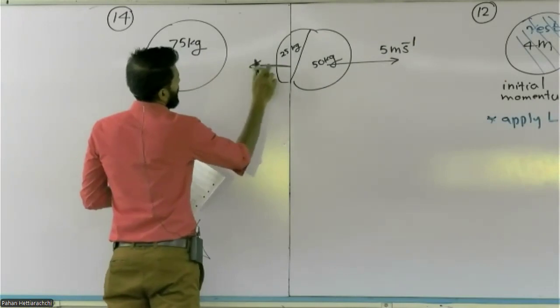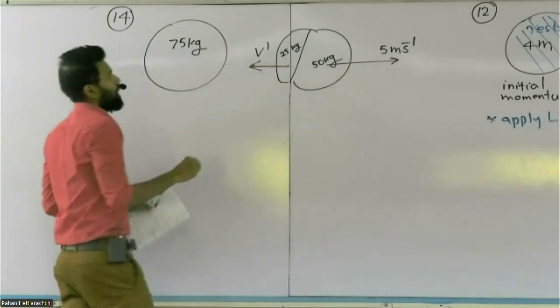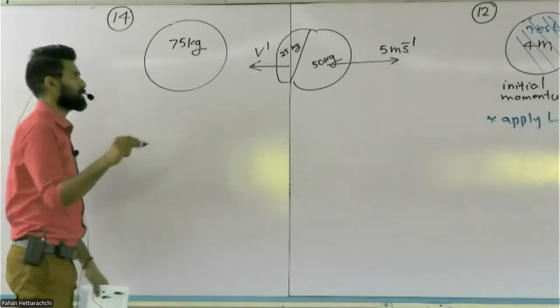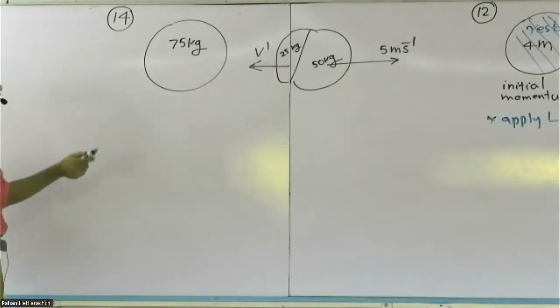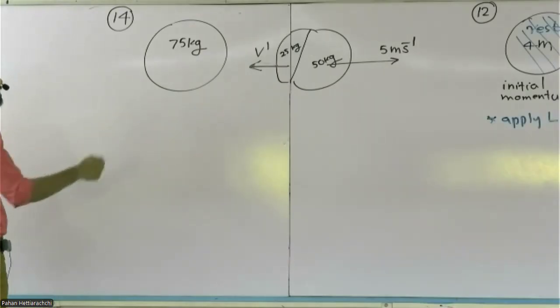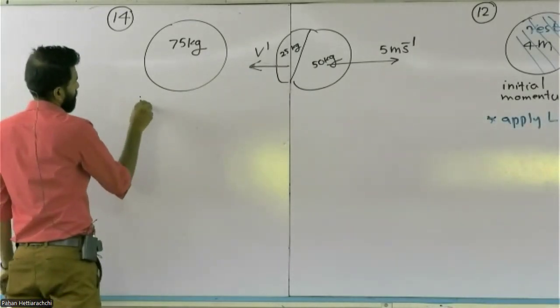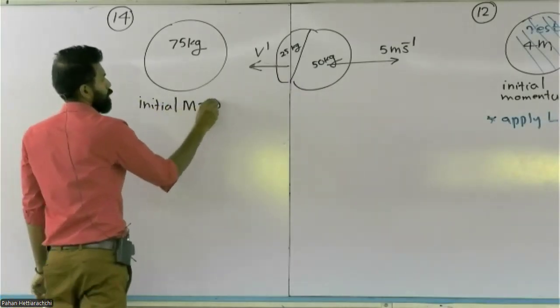Let's say V dash. Now you have to understand the system. It's a bomb in a stationary position, no friction, no other external forces. When it explodes, there might be forces created due to the explosion, but they will cancel out each other when you consider the complete system. So initially, as it's at rest, the initial momentum is 0.